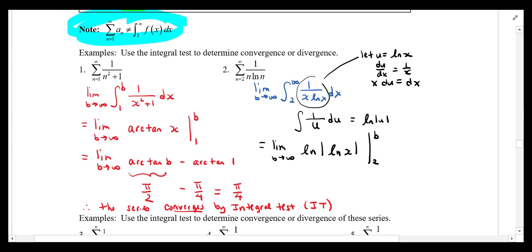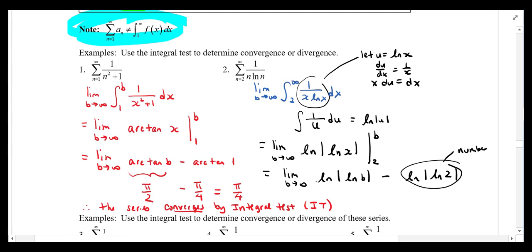Let's plug this in: natural log of b minus natural log of 2. We know the second part is just a constant number. However, when I plug in infinity for the first part, it gives me infinity. Infinity minus a number is still infinity. So therefore this diverges by the integral test.